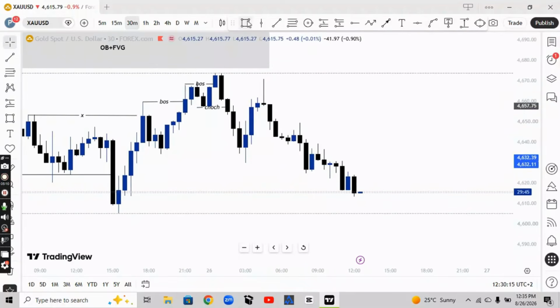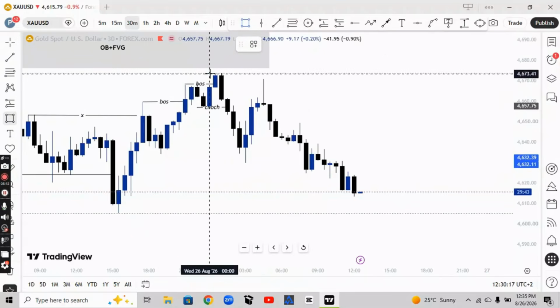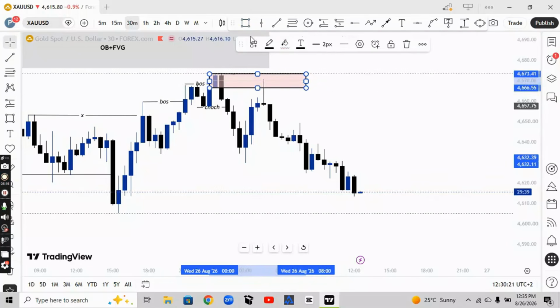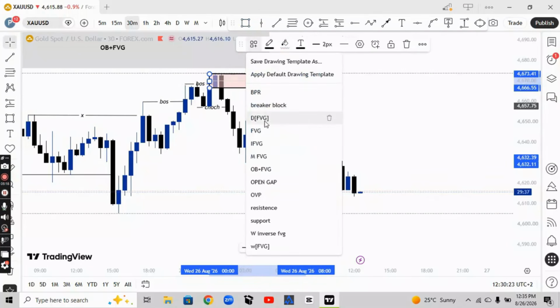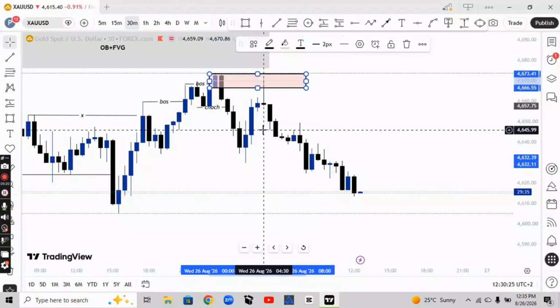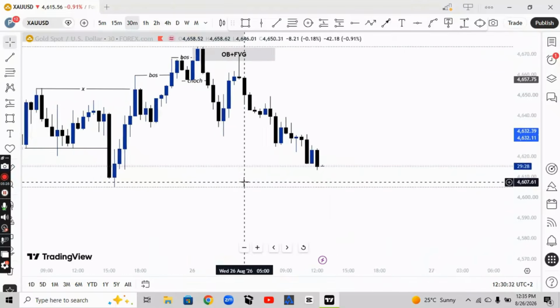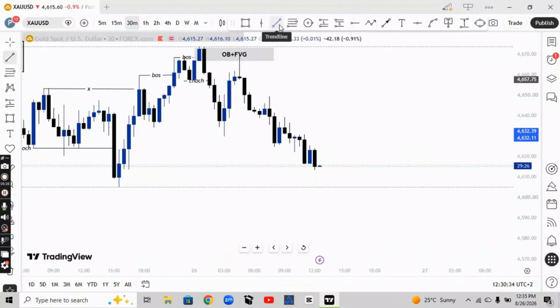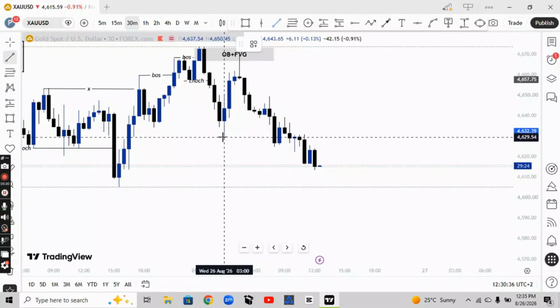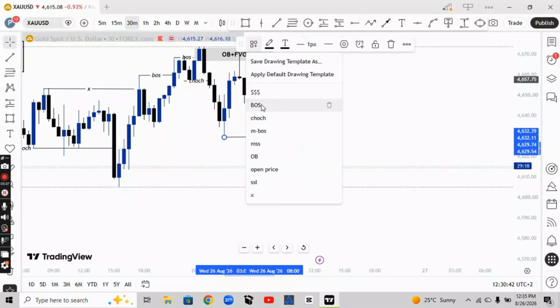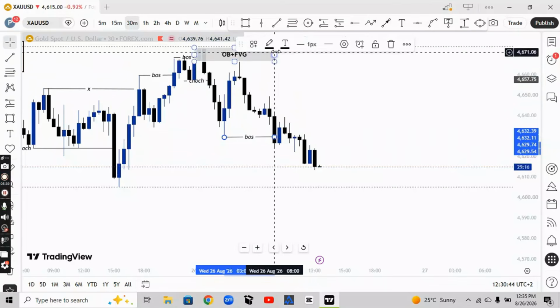And this order block here, the market came and tapped into it, and it is that order block that actually pushed price down. So we have another break of structure to the downside, which is this break of structure.